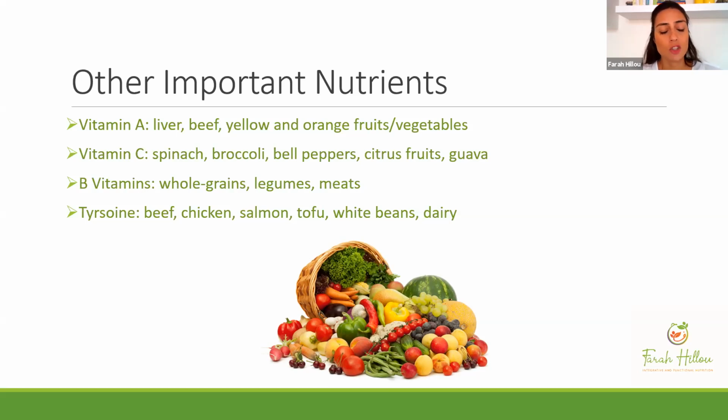Vitamin C, such as spinach, broccoli, citrus fruits, B vitamins, whole grains, legumes, meat, and tyrosine. So tyrosine is also very important in the formation of thyroid hormones, alongside iodine. Okay, so tyrosine is an amino acid, and you can find it in beef, chicken, tofu, and some dairy as well.